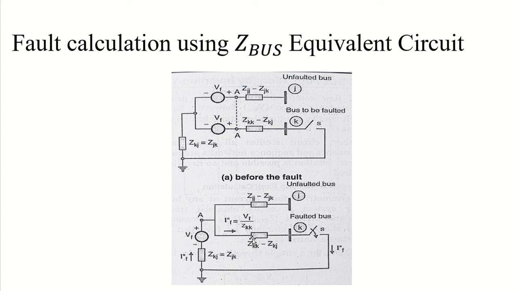And if my switch is closed in the second case, as you can see, it is reflecting the voltage at bus J with respect to the reference, while the fault is on bus K, right? And because of that, if a three-phase short circuit fault occurs at the kth bus for any large system, we can calculate the fault current and voltage at any unfaulted buses by inserting the proper impedance values in elementary circuits, right?